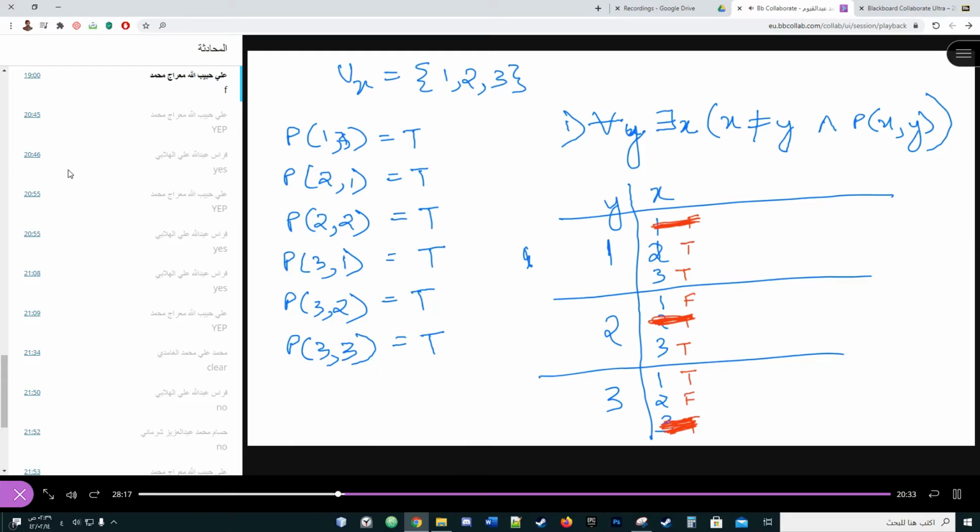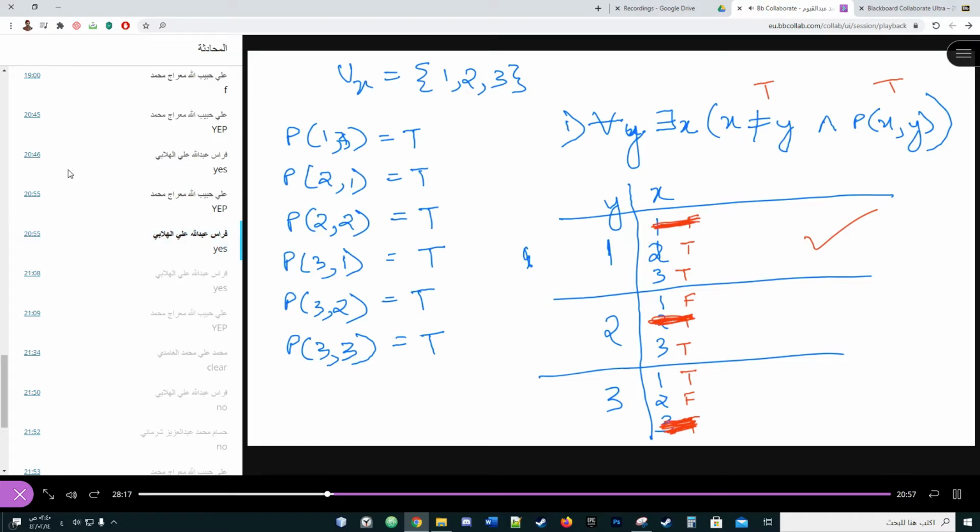Both this should be true and this should be true. So we need at least one x for all y. For y equal to 1, do we have at least one x for which this is true? Yes. For 2, do we have at least one x for which the expression is true?